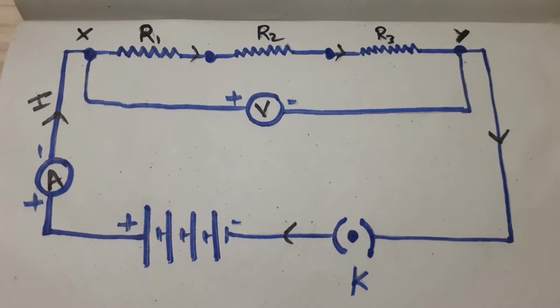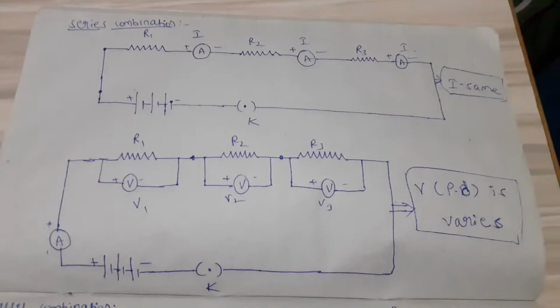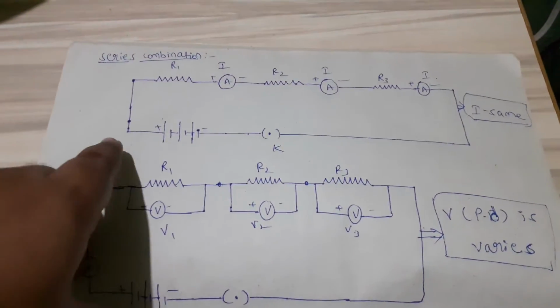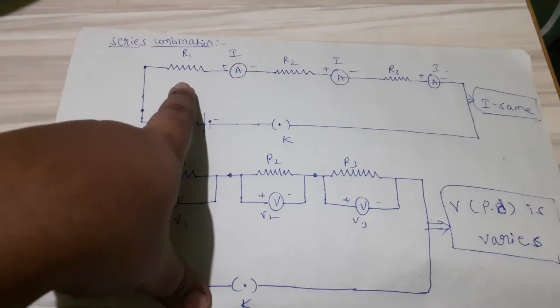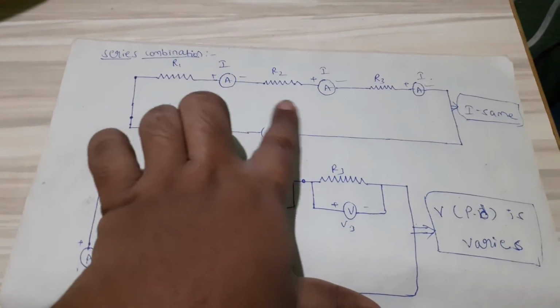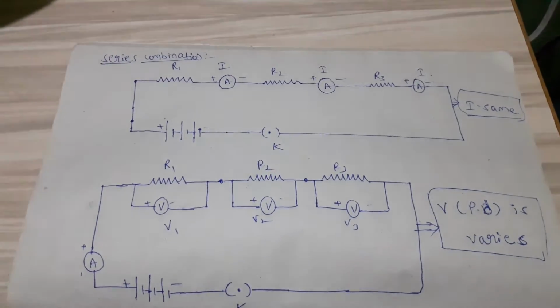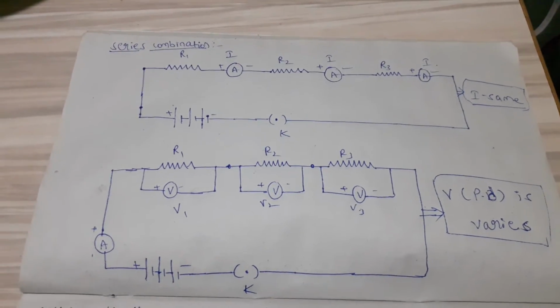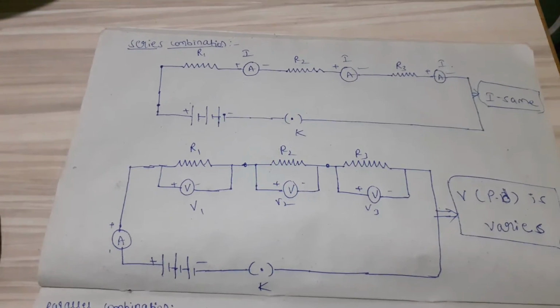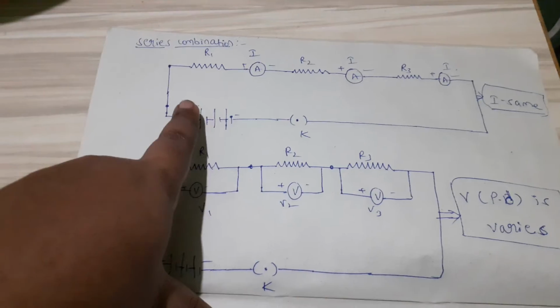From this circuit, we have to observe the current and potential difference of each resistance R1, R2, R3. How do we measure the current in the circuit? By using the ammeter, we can measure the current in each resistor.